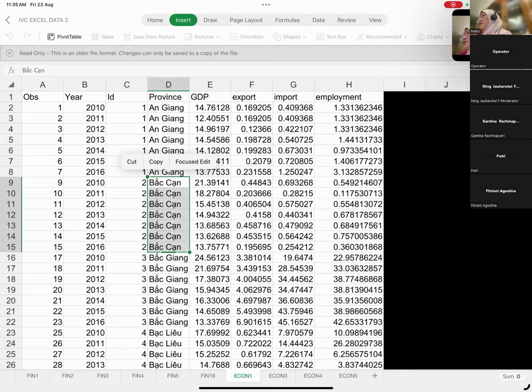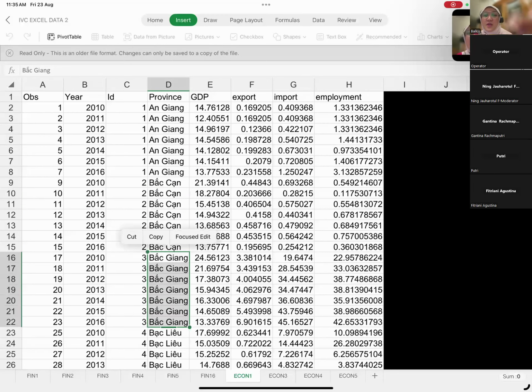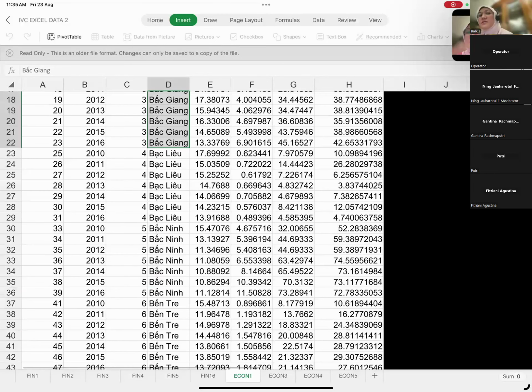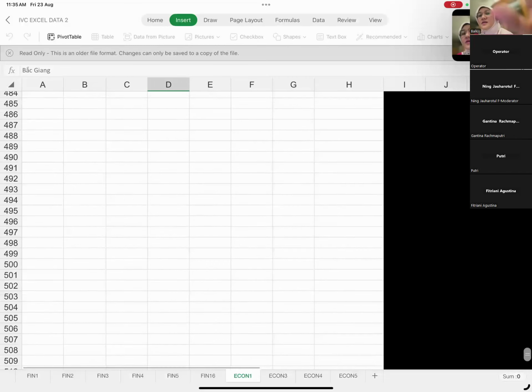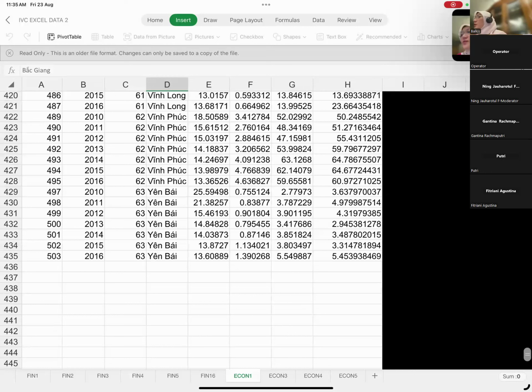Yeah, the province. So here we have several provinces from one country only, from one country, Vietnam. But we have one district, second district, third district. Here data dia banyak, until 400 over.